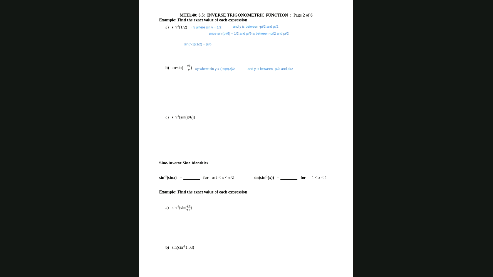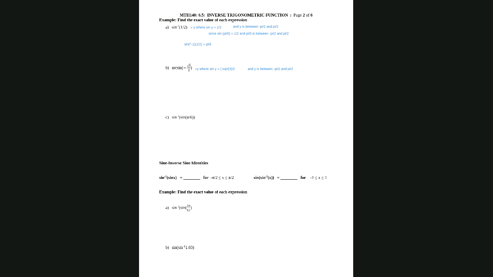So now we need to think about our unit circle and what value y would need to be. Remember, y is the angle. What angle has a sine equal to negative square root 3 over 2? We know it's going to be a negative angle, and it's going to be negative pi over 3.